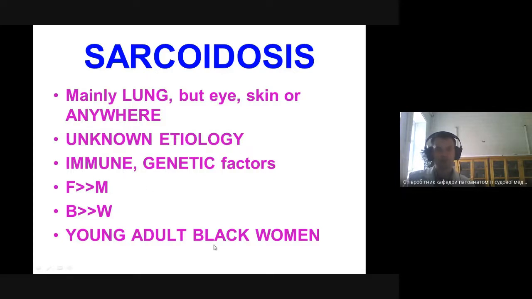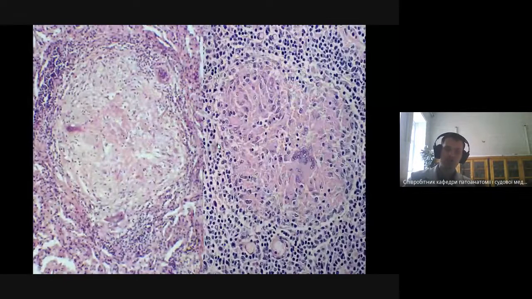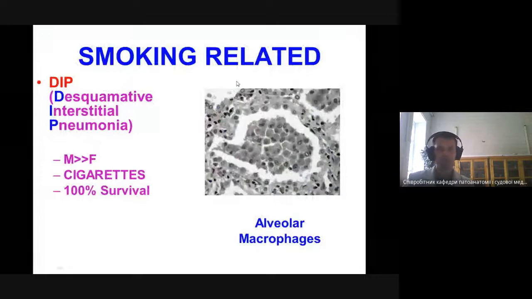Immune genetic factors play some role. Young adult black woman. So asteroid bodies, a giant cell seen in sarcoidosis. Microscopically, it's similar to tuberculosis, to be honest, but with no necrosis, or a little fibrinoid necrosis, probably sometimes.